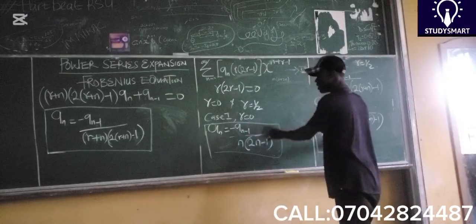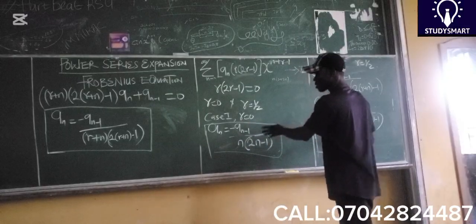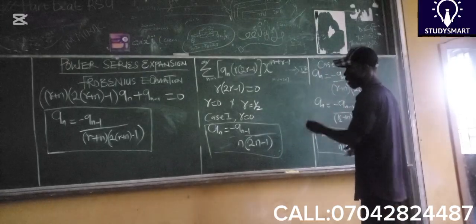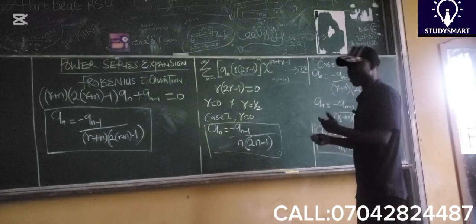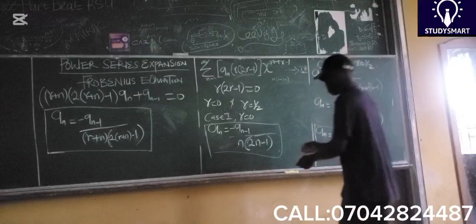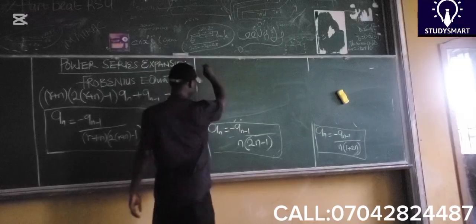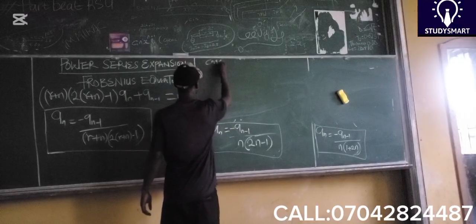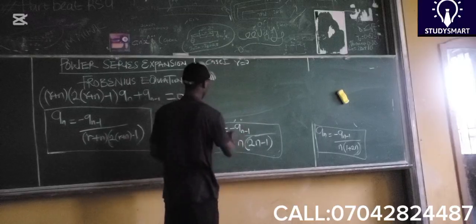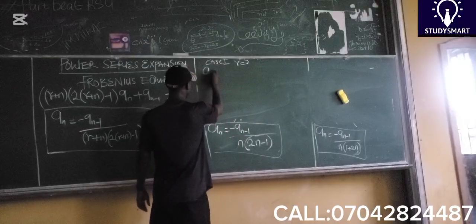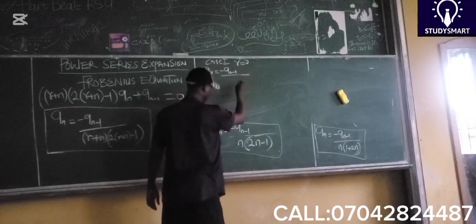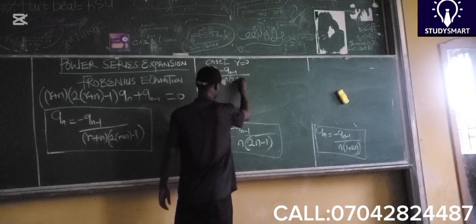So I'm going to be working with these two now. This becomes the expression where we are going to have the series expansion, the power series of the given question. For case 1, where r is equal to 0, we have a_n equal to minus a_(n minus 1) all over n into (2n minus 1).